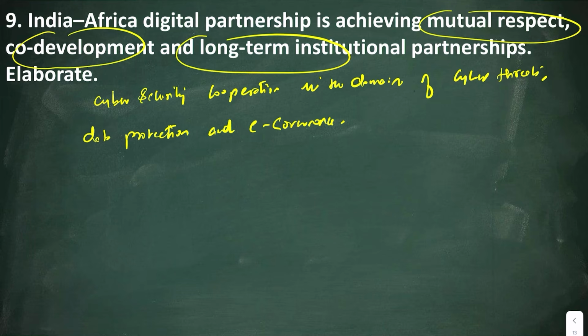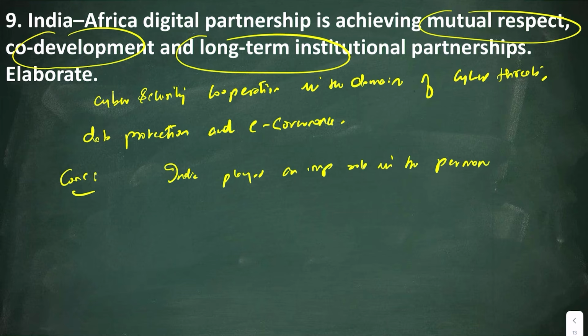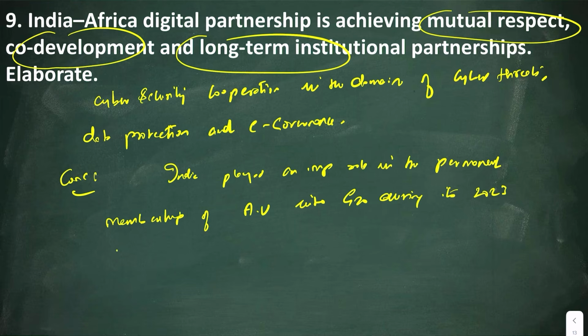Okay, now let us conclude it in a forward-looking way. So in the conclusion you can say India played an important role in the permanent membership of African Union into G20 during its 2023 presidency.